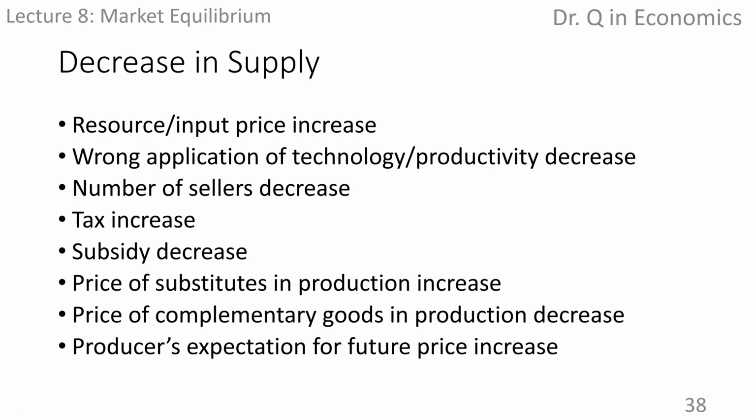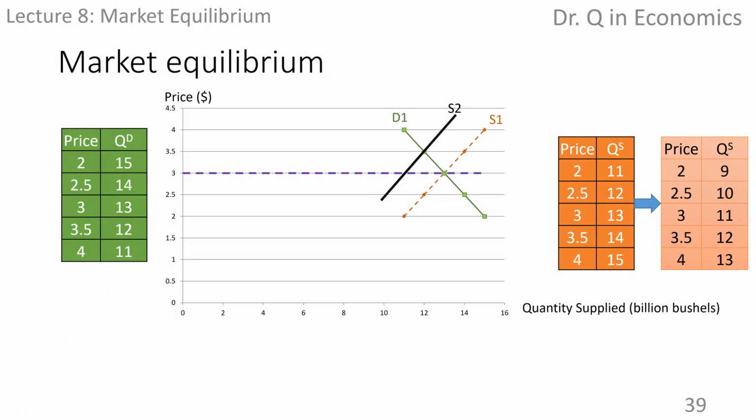On the other hand, if one or some of these determinants result in a decrease in supply, supply shifts to the left-hand side, and demand does not change. At the price of $3, the quantity demanded by consumers, found on the demand curve, is still 13 billion bushels, but the quantity supplied changes.